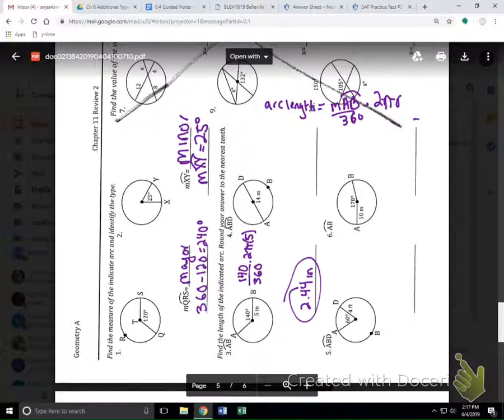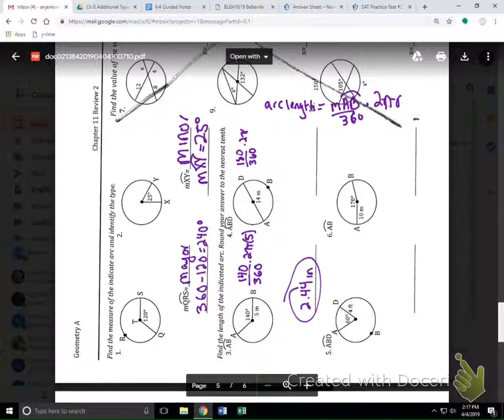What is your, let's start here. How much of the circle is on this half? It's half of the circle, right? So 360 divided by 2 is 180. So your arc length is 180 over 360 times 2 pi r. My r is half of my diameter, so that's going to be 7.